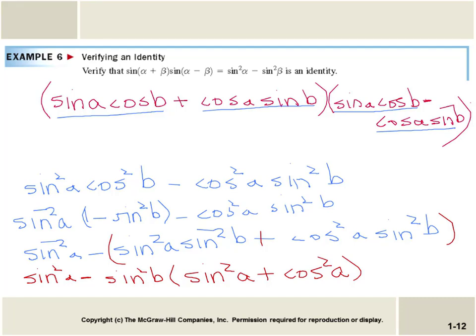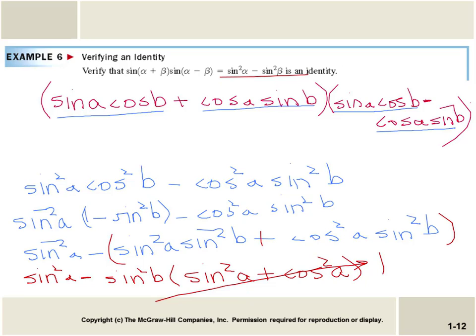And then sine squared A plus cosine squared A equals 1. So that just disappears, and we end up with our identity. Okay? Does everybody see it? Okay, good. So it's just a matter of working through it little by little.